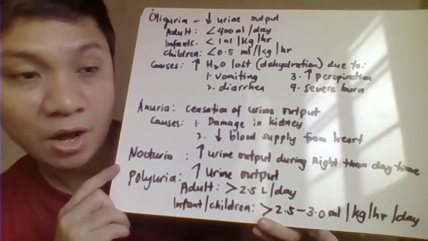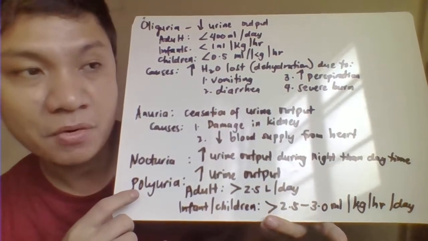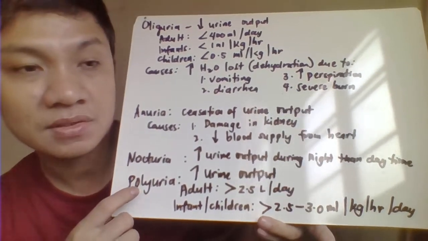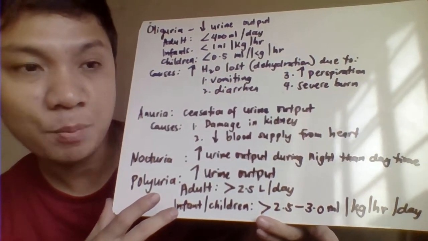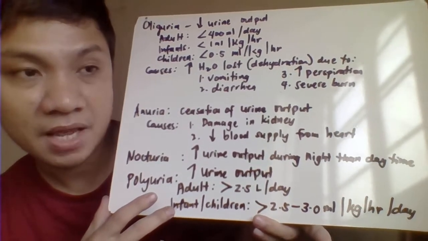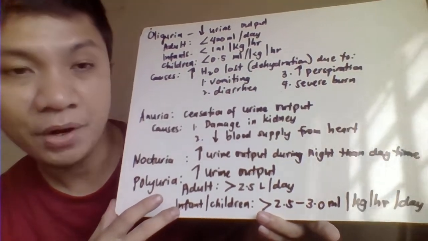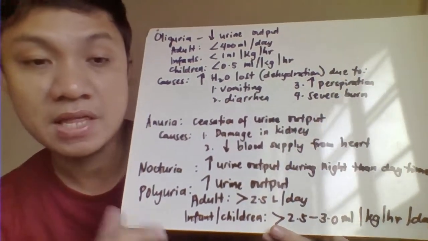Polyuria is increased urine output. What would be the basis for that? If you are an adult, you are excreting more than 2.5 liters per day, or for children and infants, more than 2.5 to 3 ml per kilogram per hour. That would also be considered polyuria or increased urine output.